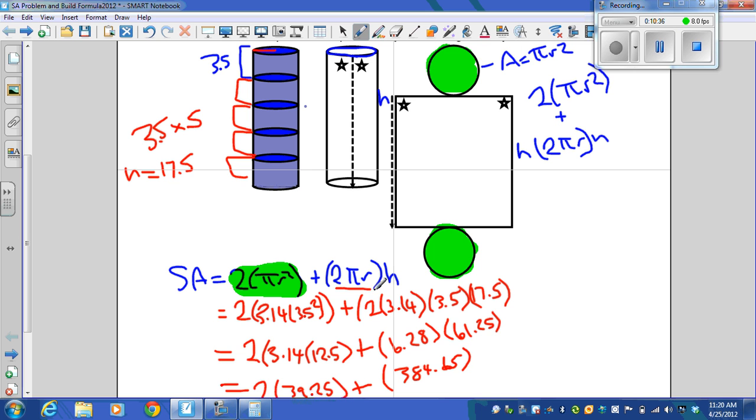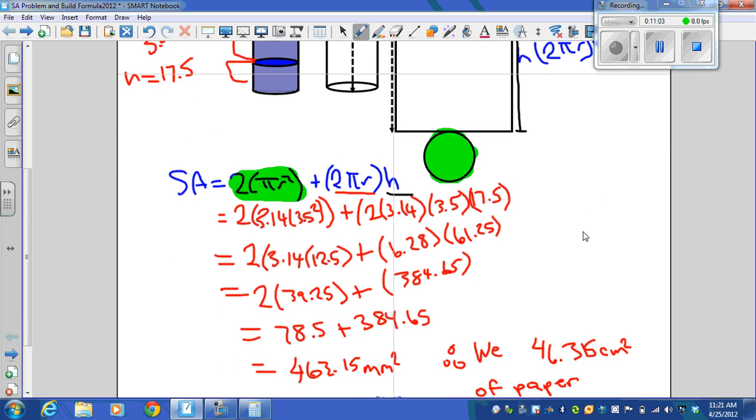This portion is this portion here. We get that because that's the same distance around, and it becomes the circumference. Then the h, if I use black, is simply this area here. And that's how you would solve this problem.